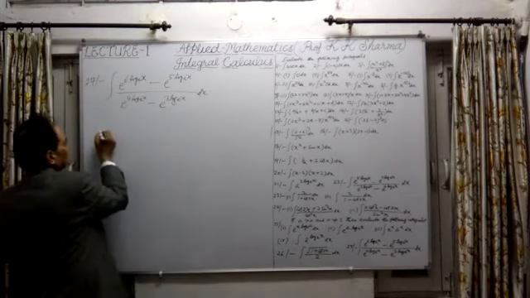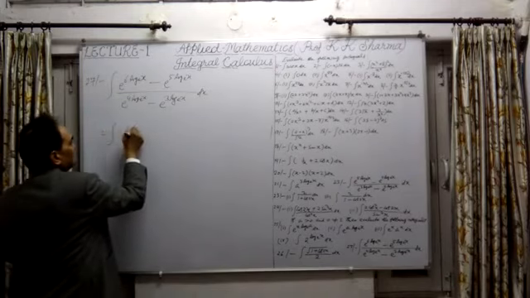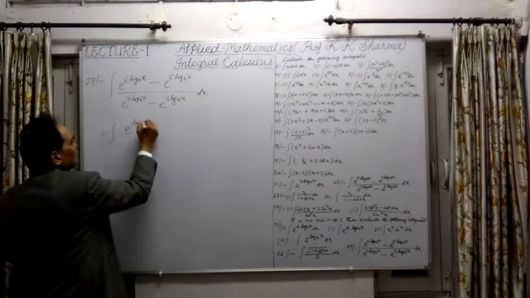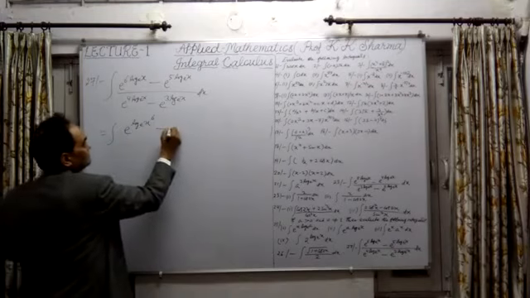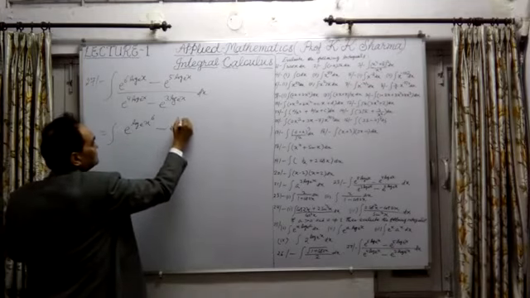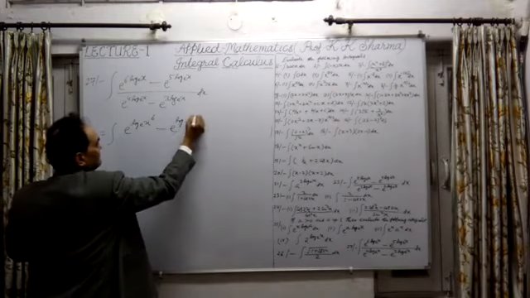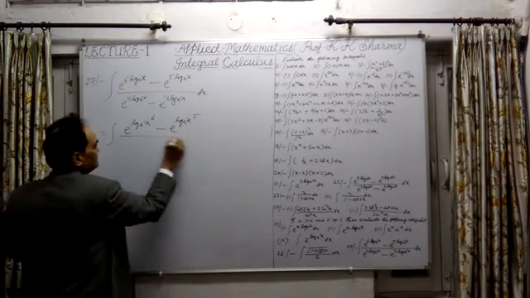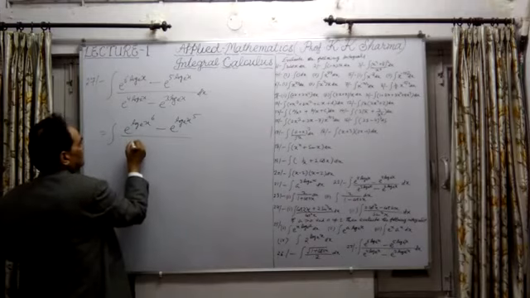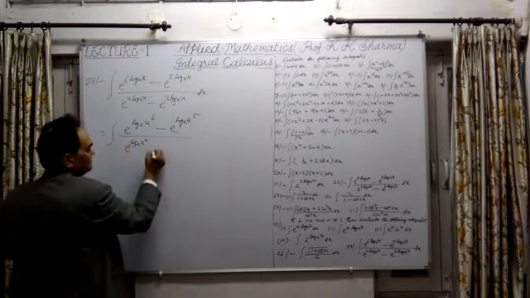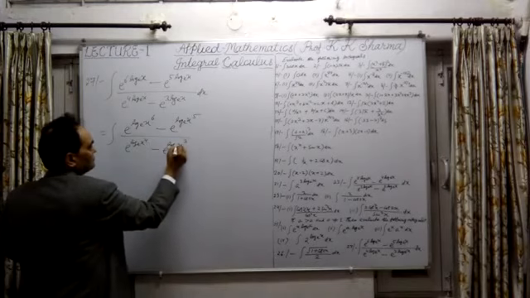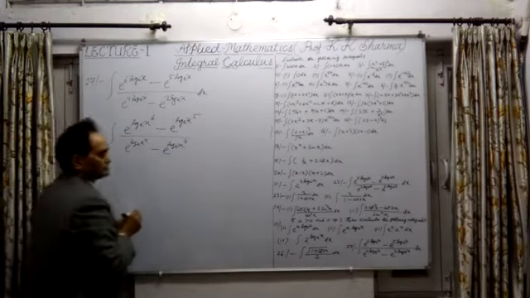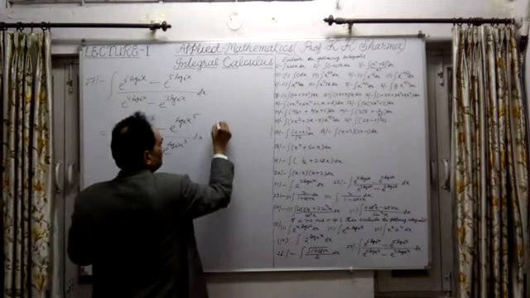So we know that this can be further written as e raised to power log of x to the base e power 6 minus e raised to power log of x power 5, divided by e raised to power log of x power 4 minus e raised to power log of x power 3.